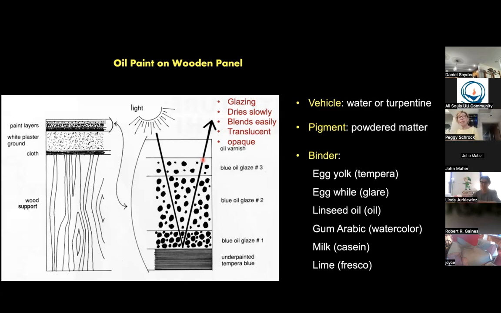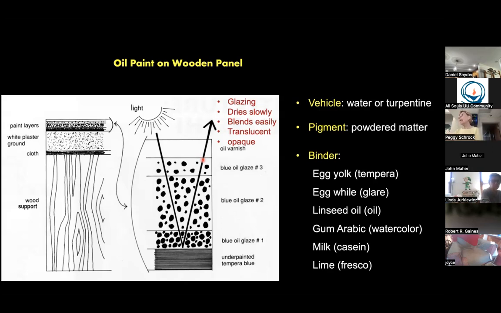And what that does, it allows the light to penetrate down through these layers and bounce back up. It's called fat over lean. Any oil painters here? I think it's called fat over lean, which means each layer has more oil in it than the layer before.